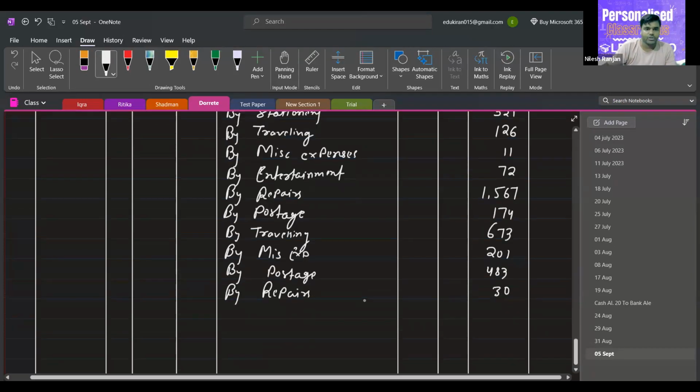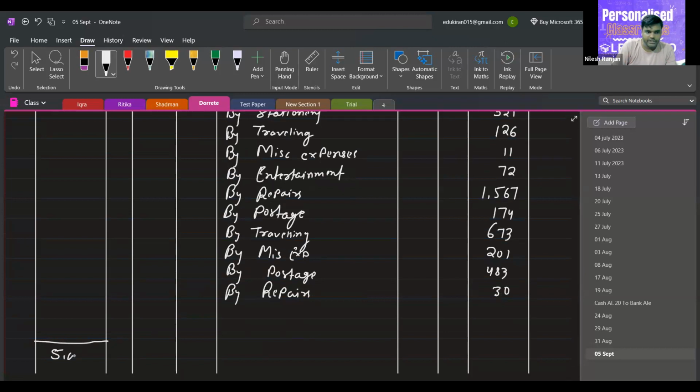So we will total it again. We are getting total 5,000 in the amount received side, and we will write 5,000 here on this side also.